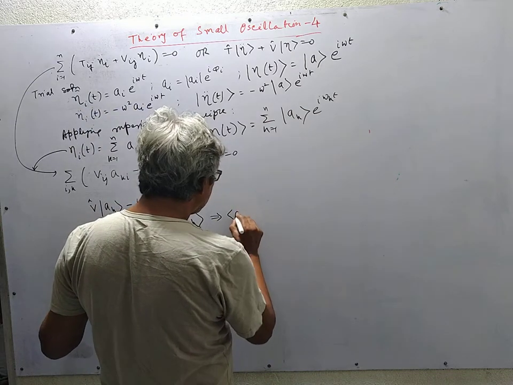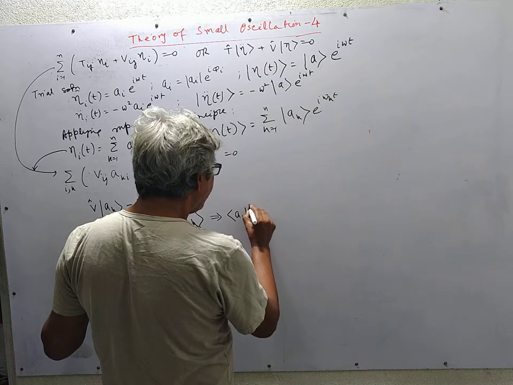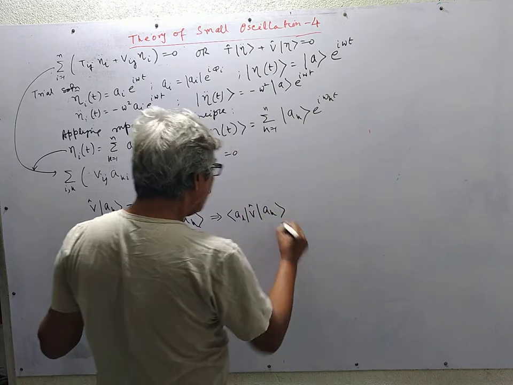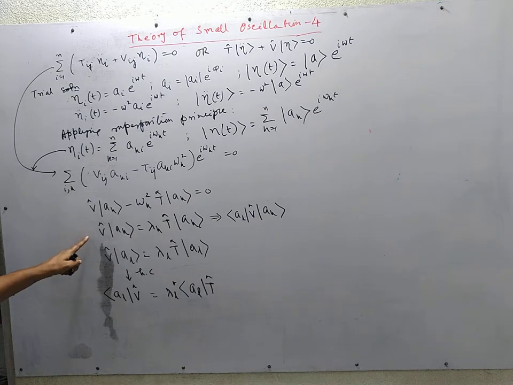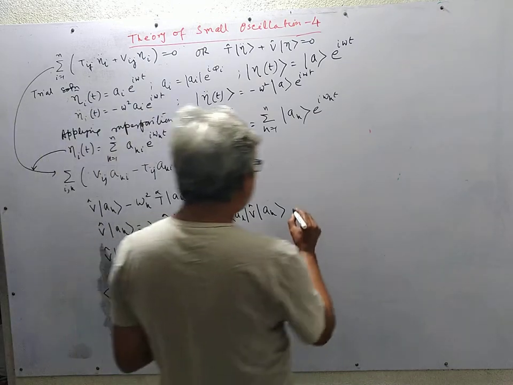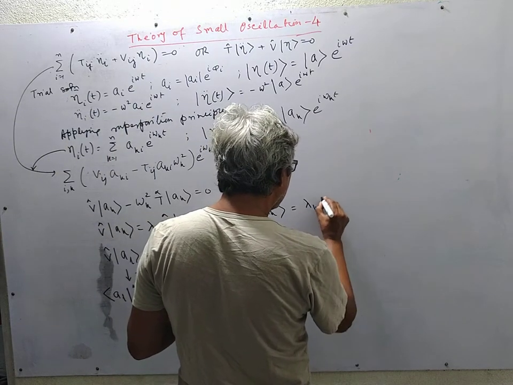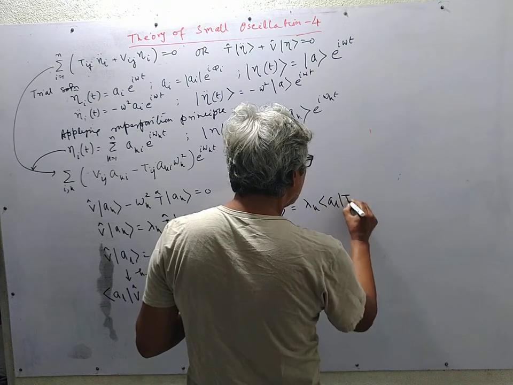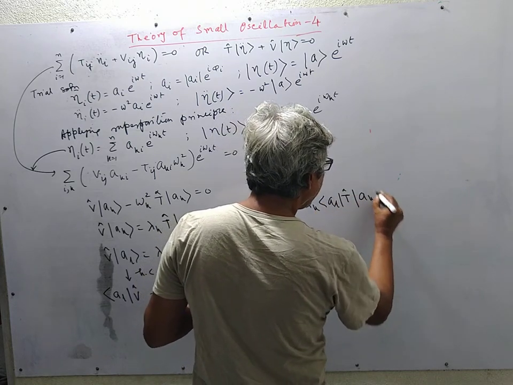So this equation is <AL|V|AK>. We multiply it from the left by bra AL, and on the right hand side we have lambda K <AL|T|AK>.